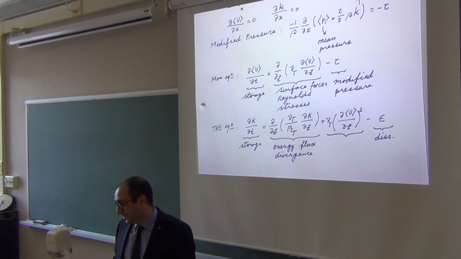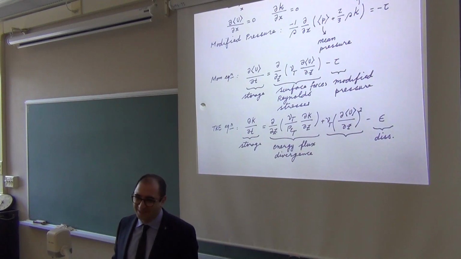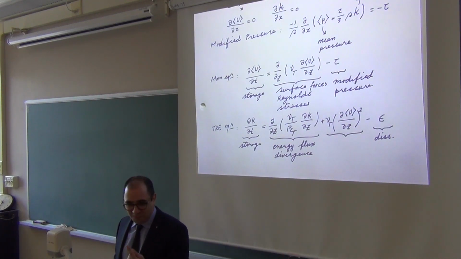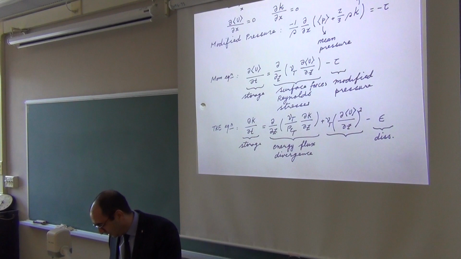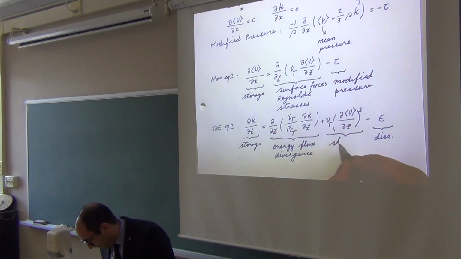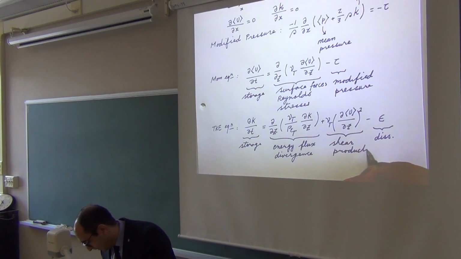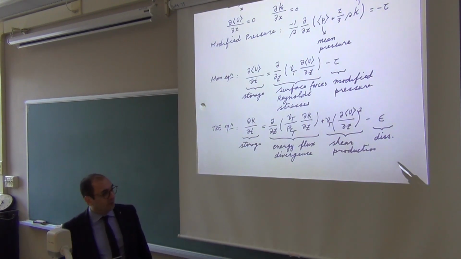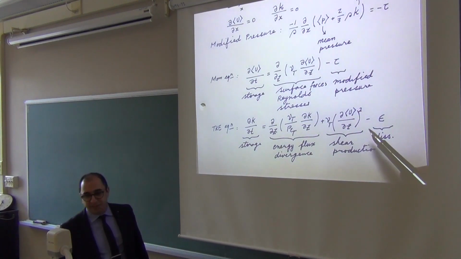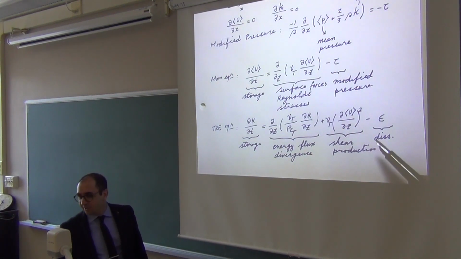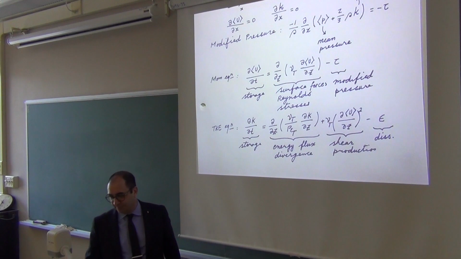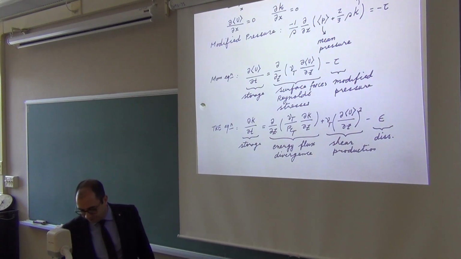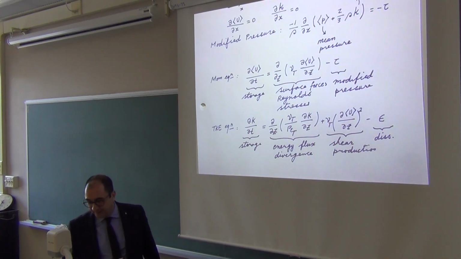Did I say anything about temperature in this problem? I didn't say anything about temperature. There's only one mechanism to generate kinetic energy: shear. So shear is production. Had I written another equation for heat or temperature, there could have been another term here responsible for buoyancy production of TKE, or turbulent kinetic energy. So here are the labels of the terms.